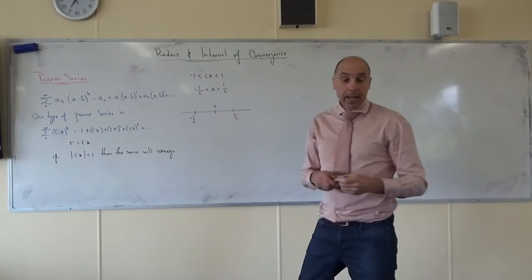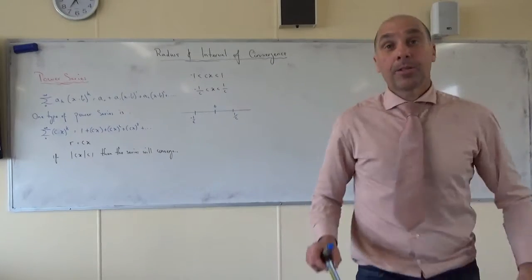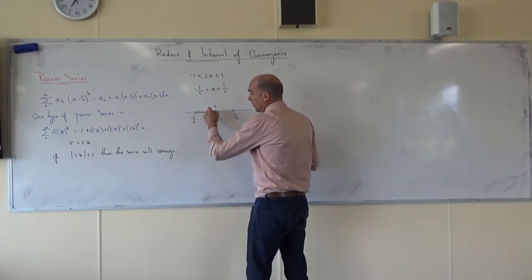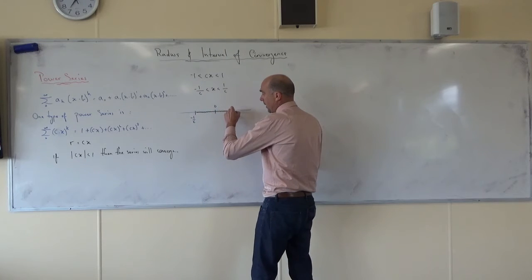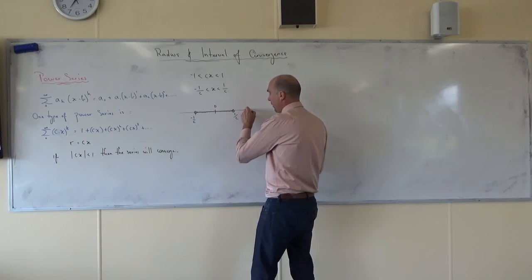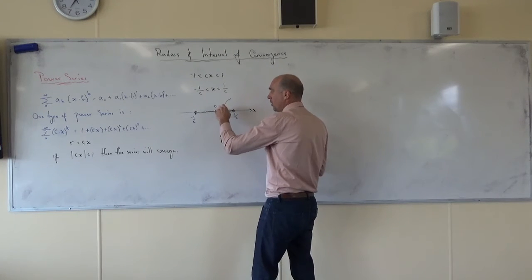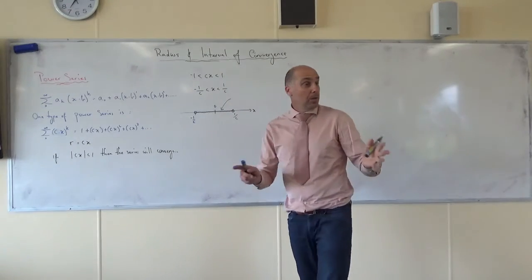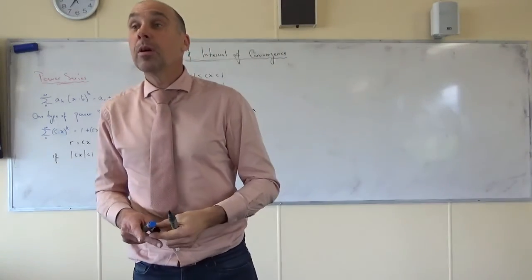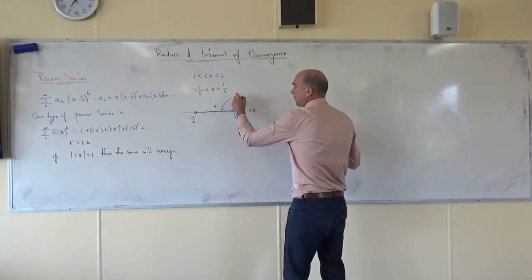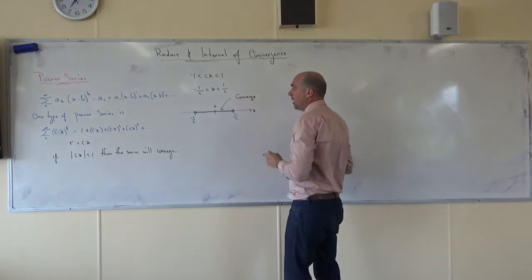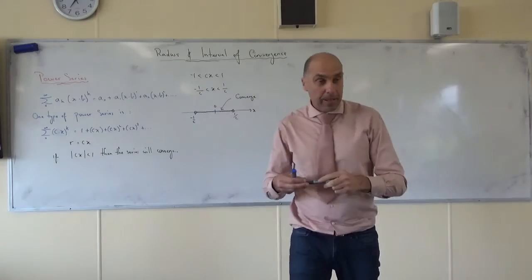When we're trapped between those two values, anywhere in between, excluding those points, if that's x, my series will converge. If x lies between those two values, my series will converge in there.